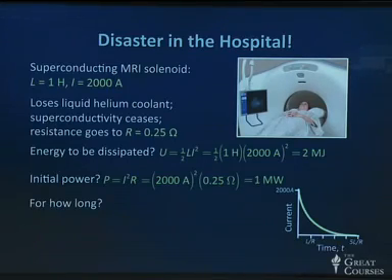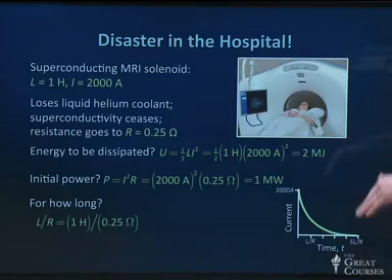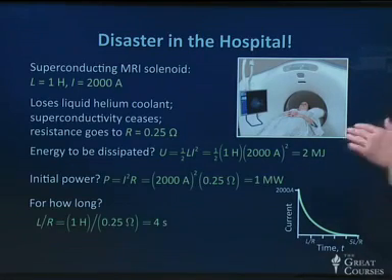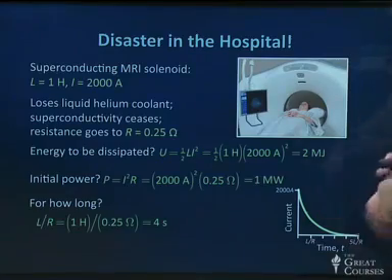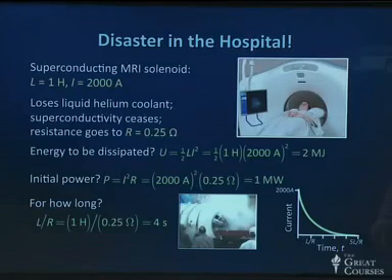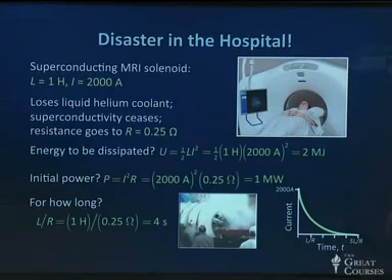For how long? Well, the current drops down with this characteristic time L over R. In that case, it's 1 Henry divided by a quarter of an ohm. So that's about 4 seconds is the characteristic time during which this crisis occurs. And there's a picture of an MRI solenoid losing its helium coolant, big cloud of condensed air, condensed water vapor forming.